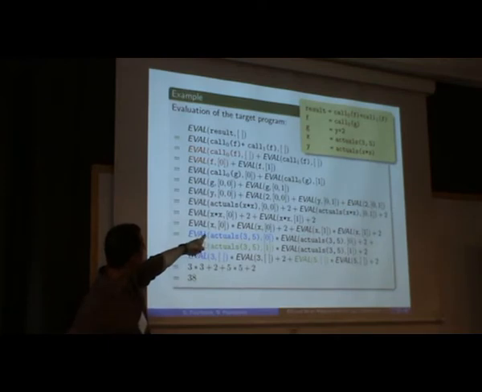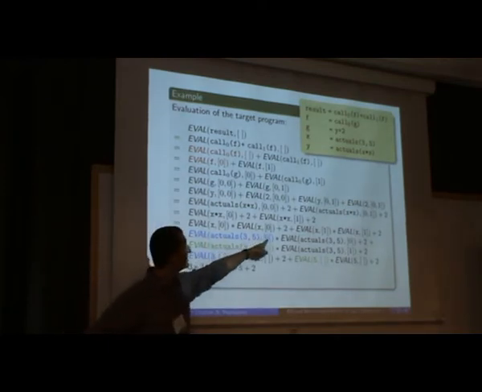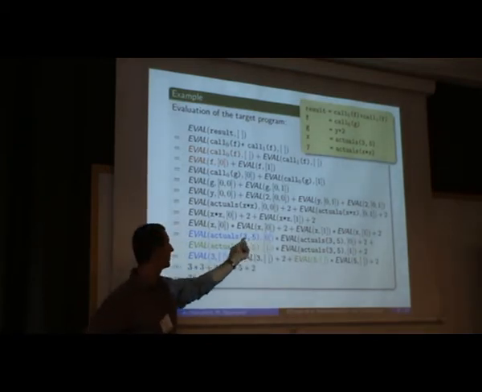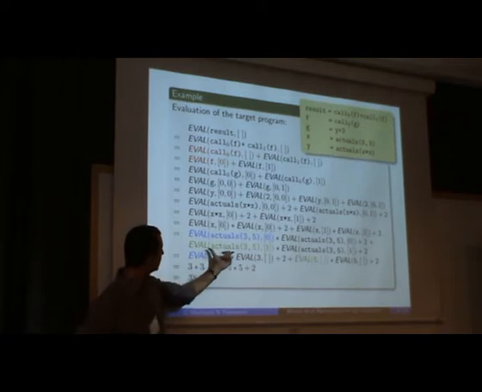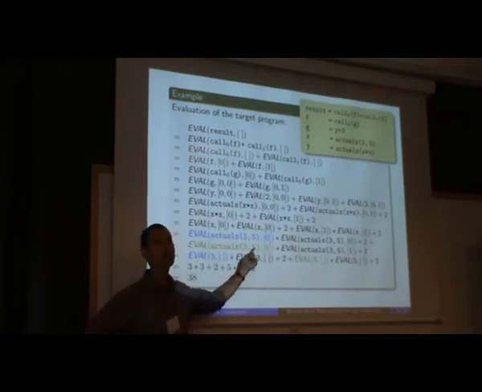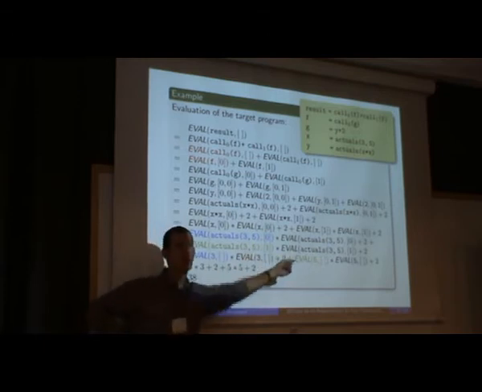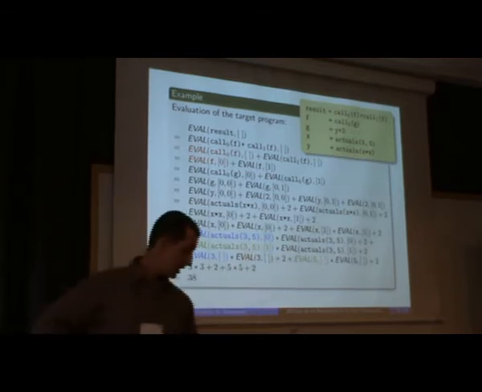This blue thing here is evaluated to that, so because we have 0 here, we are picking the first thing in actuals, that's why we get 3. Whereas on the other hand here, in the other call, we have 1, and we pick 5. So that's what we get, 5 over there.